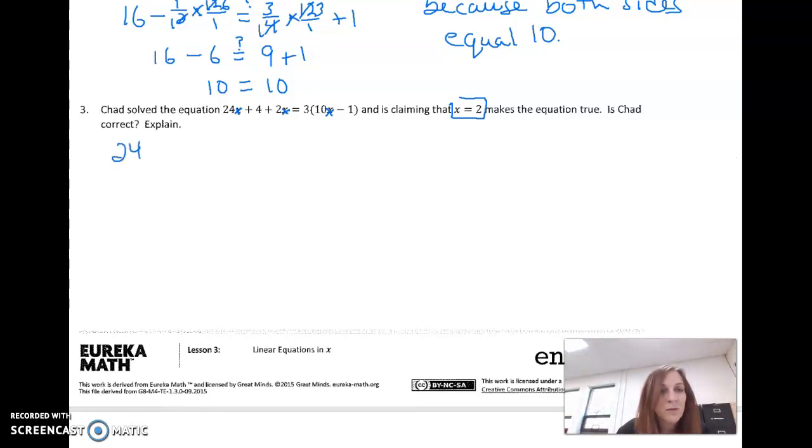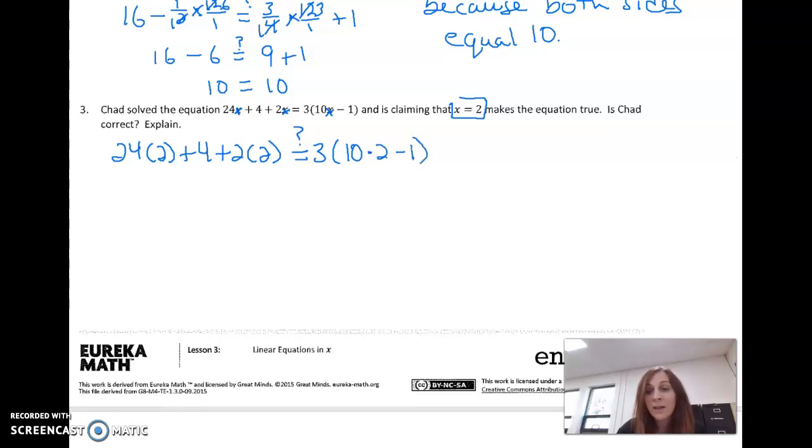So does 24 times 2, plus 4 plus 2 times 2, does that equal 3 times 10 times 2, minus 1. Now, again, we're going to follow some order of operations here. I'm going to do all my multiplying first. 24 times 2 is 48, plus 4, 2 times 2 is 4, so plus 4.